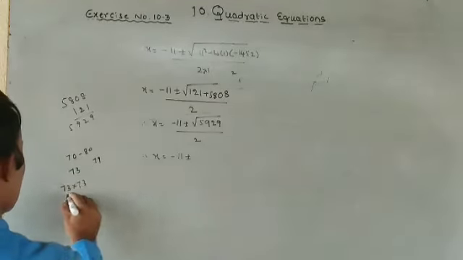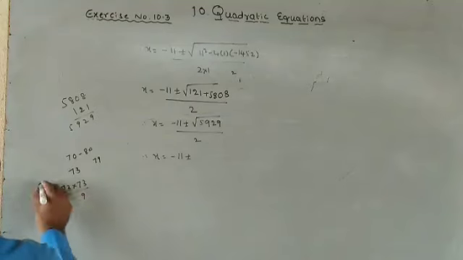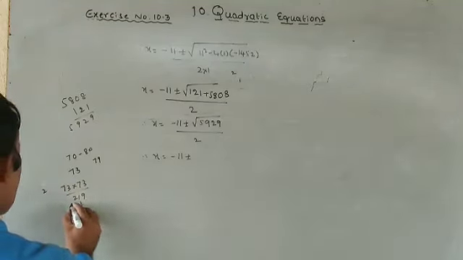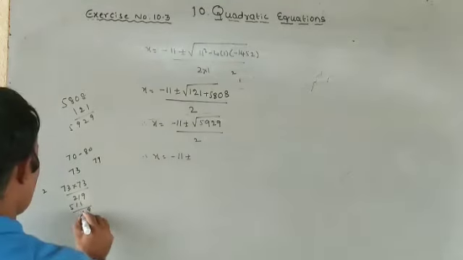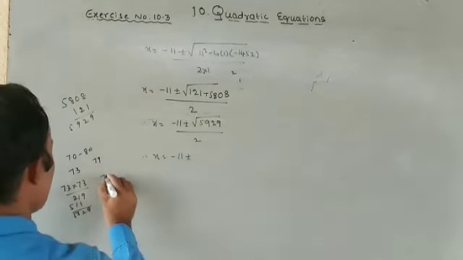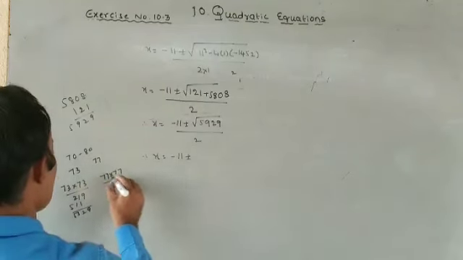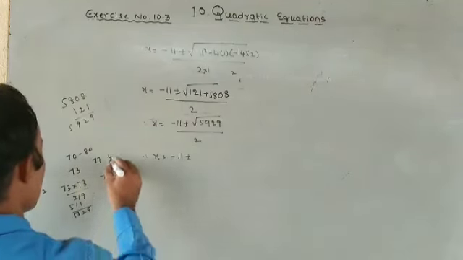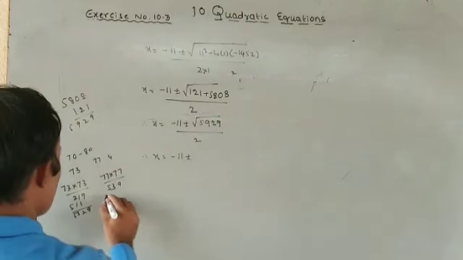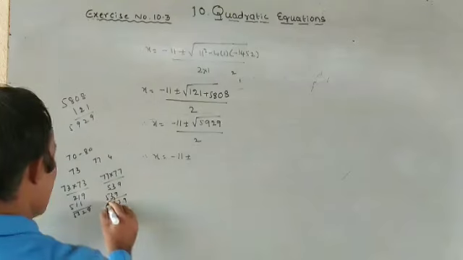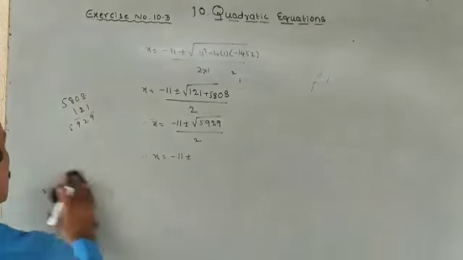Therefore, x is equal to minus b, minus of minus 35, plus or minus root of minus 35 whole square minus 4, a value 4, c value minus 375, divided by 2a, that is 2 into 4. Okay? Right.